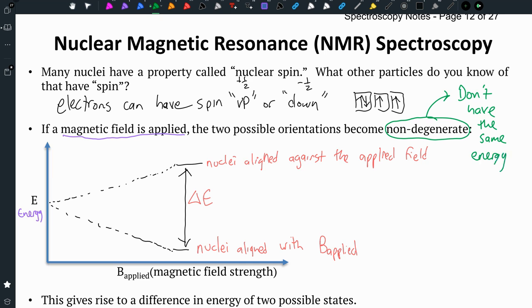So the way NMR works is you put your sample inside a very strong magnetic field that creates this gap in energy between nuclei aligned with it and nuclei aligned against it.